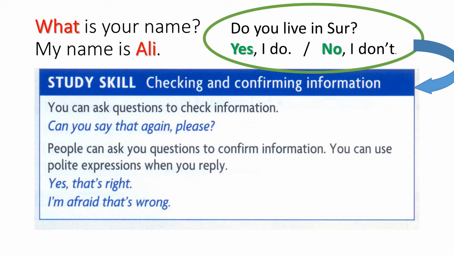So here, the answers are positive or negative, agree or disagree. So we call these yes/no questions, where you can answer yes or no immediately or give another sentence which means yes or no. Yes, like yes, that's right. No, I'm afraid that's wrong.